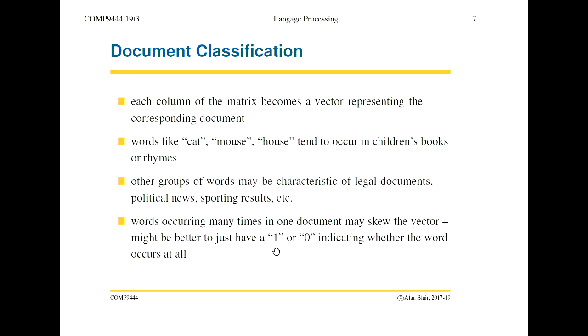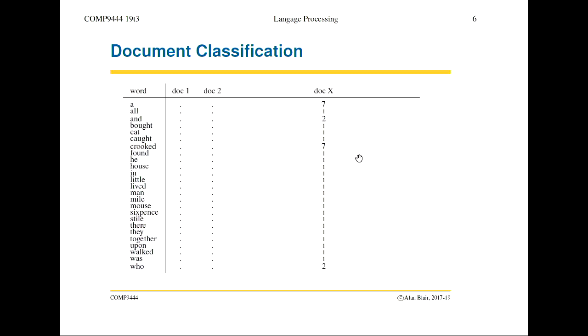So often, instead of putting the number of occurrences in here, we simply put a 0 or a 1, showing whether the word occurs or not. If the word occurs, you put 1, otherwise you put 0. These are the two simplest methods.